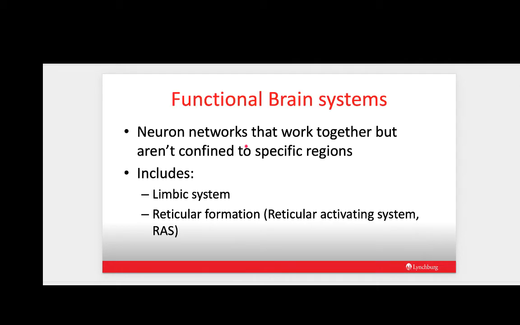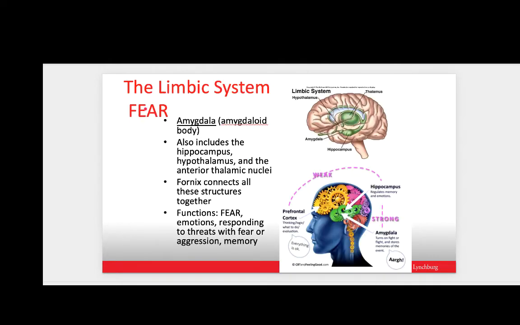Okay, now we also have some examples of what we call functional brain systems in the central nervous system, and I've picked out two of these just to talk about briefly. One of them is the limbic system, and the limbic system deals with fear. So this is our fear response. Important structures that are part of the limbic system are the amygdala, which is going to be this small structure right here.